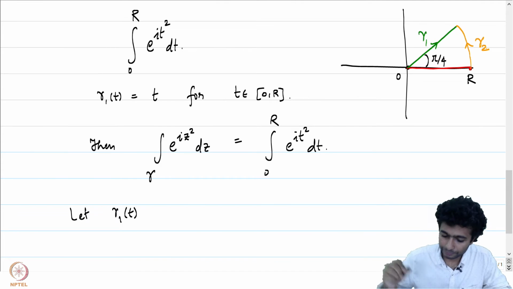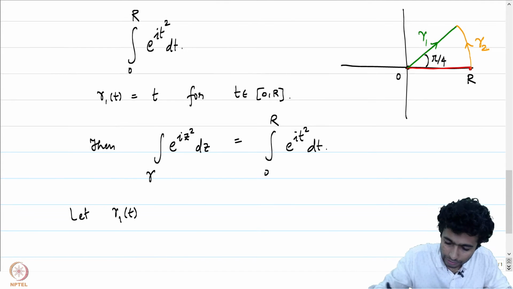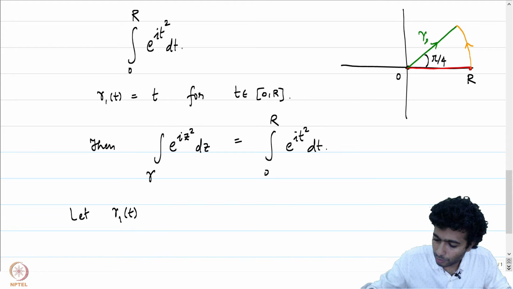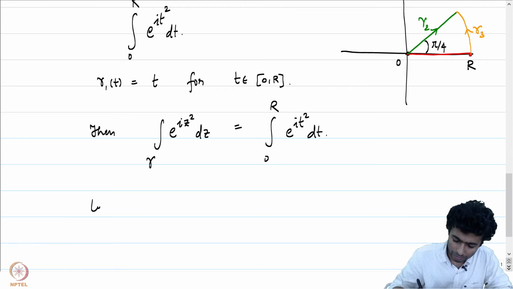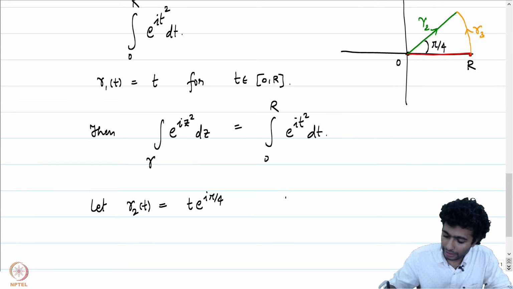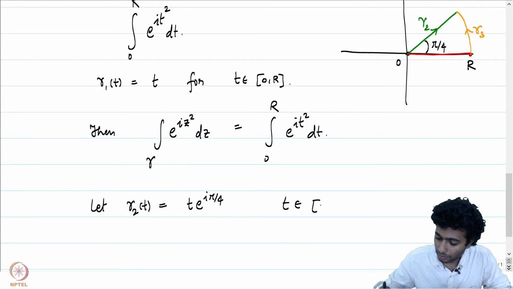Gamma 1 has already been taken, so let's call this gamma 2, and let's call the third one gamma 3. Gamma 2 of t equals t times e to the power i pi by 4, where t is in the interval 0 to R.